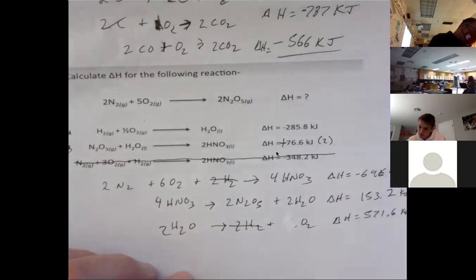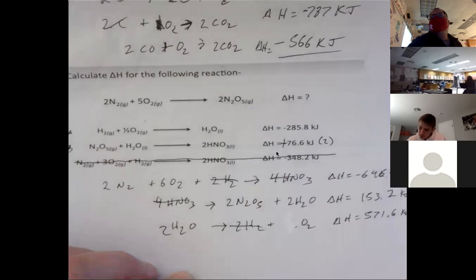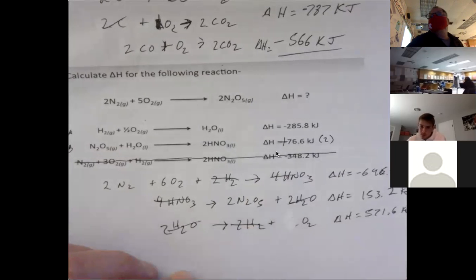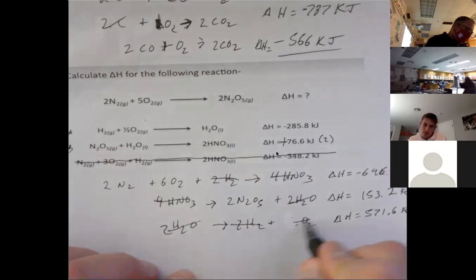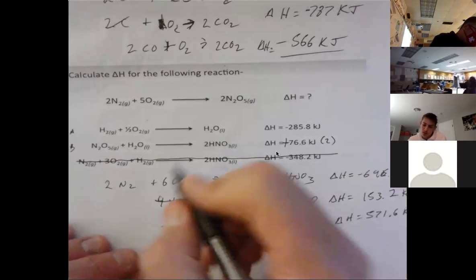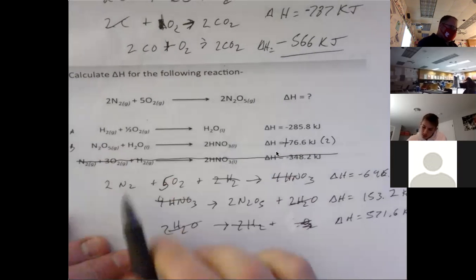What else? The 2H2Os. What else? The 6O2 and the 1O2. 6 and 1 will leave us with how many? 5, which is exactly what we wanted.